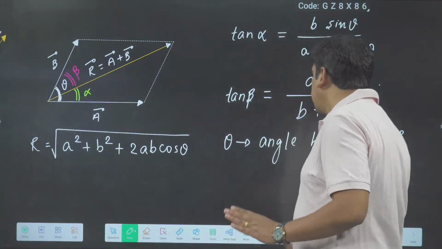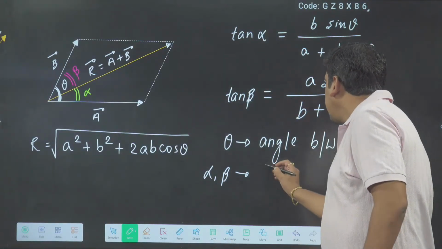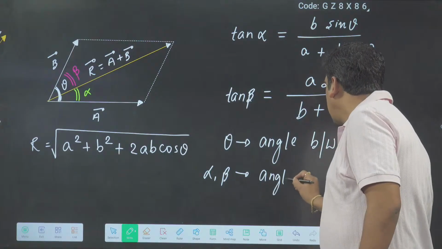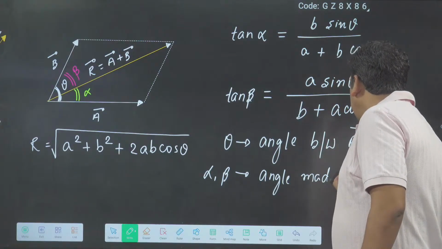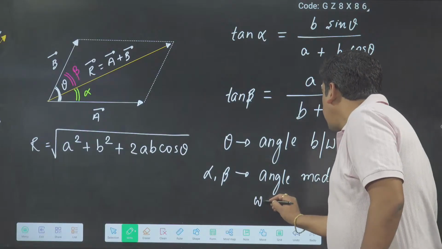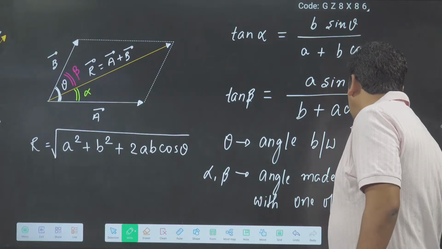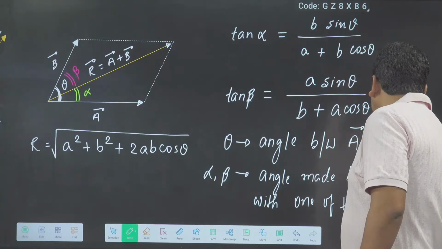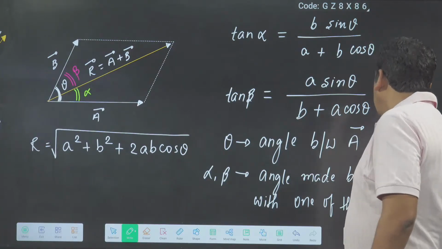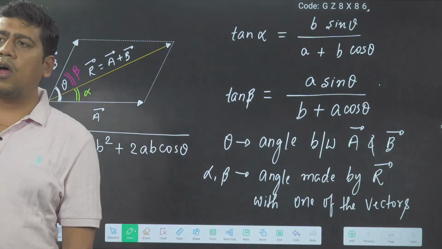What are alpha and beta? Alpha and beta are the angle between or made by R vector with one of the vectors. The resultant with one of the vectors, either A vector or B vector.